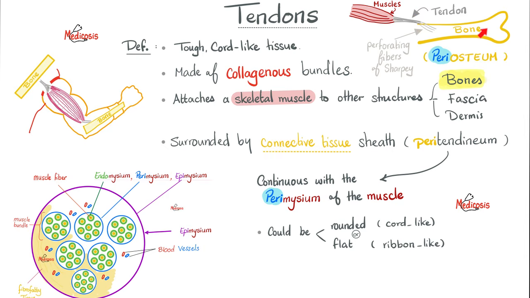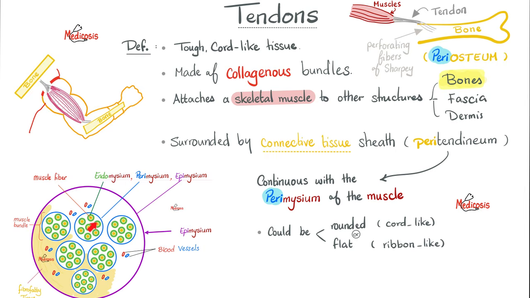And just like the bone is surrounded by periosteum, peri means around or outside, osteum means bone. By the same token, the tendon is surrounded by a peritendinium. The peritendinium of the tendon is continuous with the perimysium of the muscle. What is the perimysium of the muscle? The perimysium surrounds a bunch of muscle fibers, creating bundles. So this is a bundle, another bundle of muscle fibers.